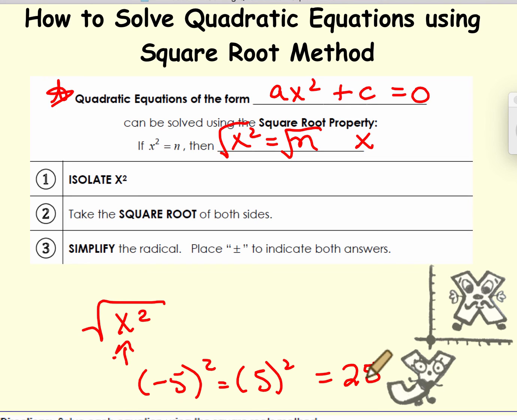So when we do the square root of x squared, we have to remember that we could have two solutions: the positive root or the negative root of the square root of that number. So our steps are: isolate the x squared, take the square root of both sides, simplify the radical, and make sure we include plus or minus.